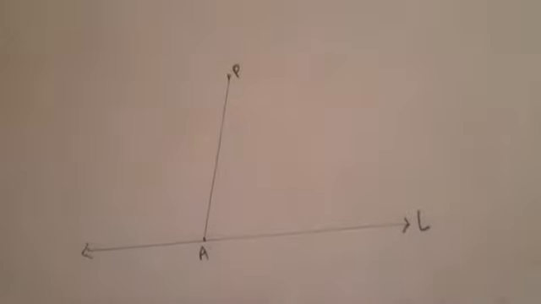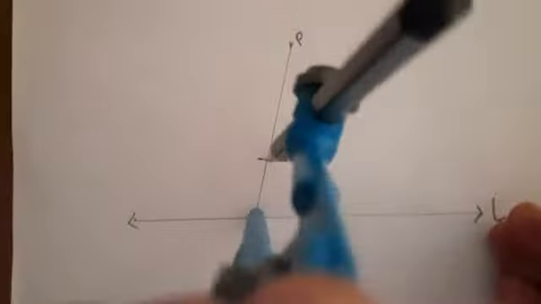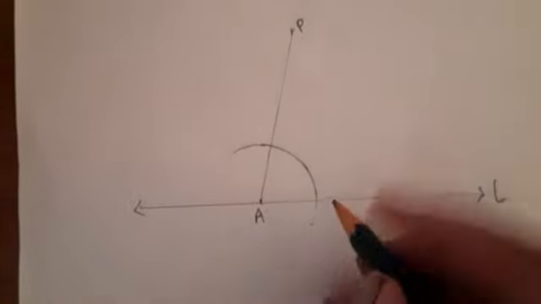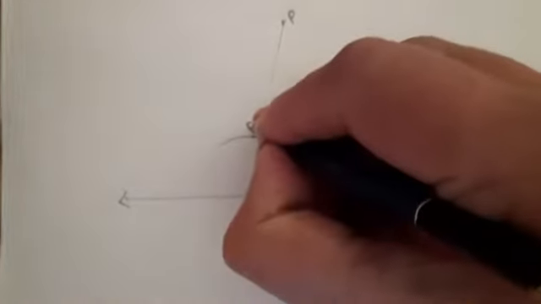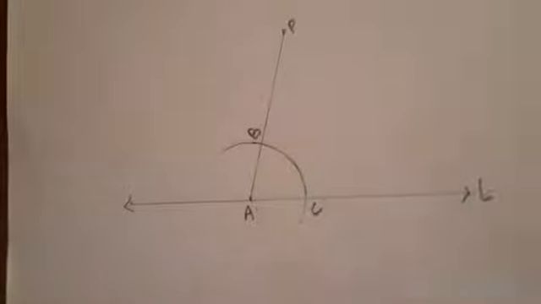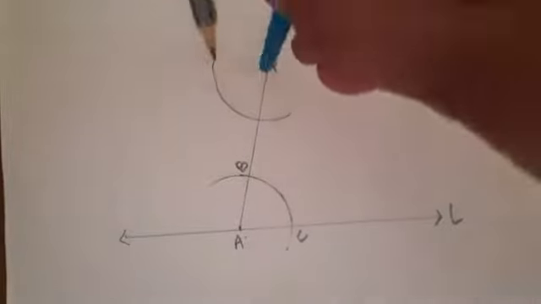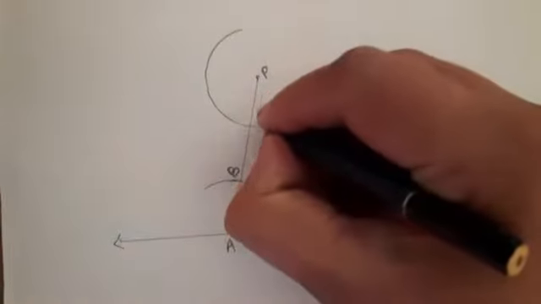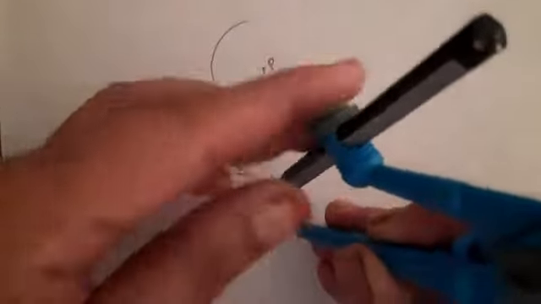Take a compass, convenient radius, keep A as a center, draw an arc, which cuts the line L at C and line segment AP at B. Without changing the radius, keep P as a center, draw an arc which cuts the line segment AP at D. Now measure the length of BC.